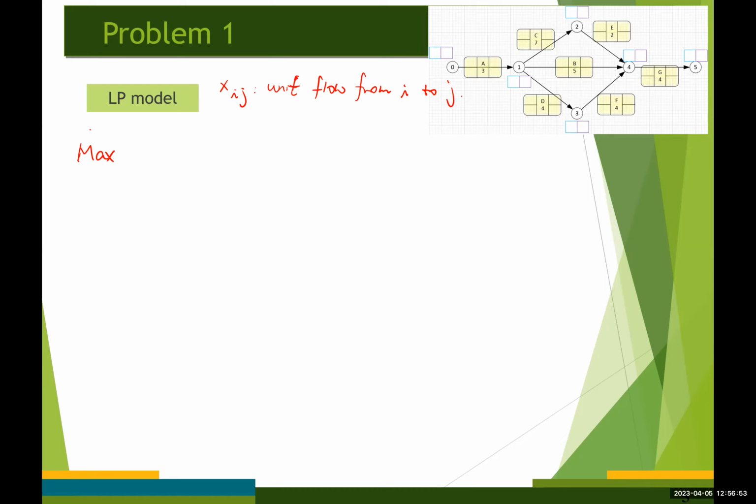So we are going to maximize 3 times x01, right? And then 7 times x12.